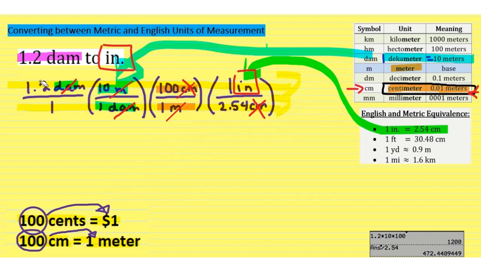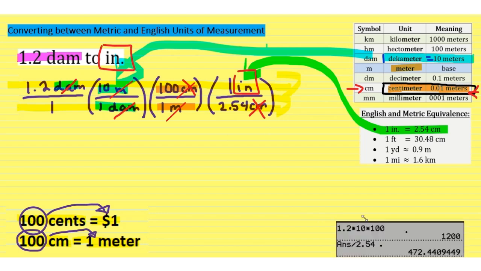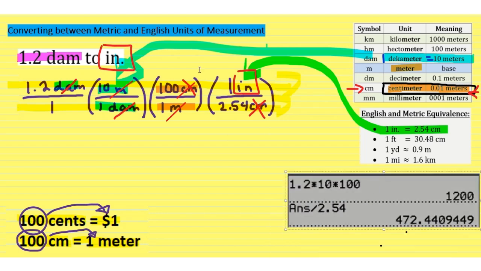So when we do that, we're going to do 1.2 times 10 times 100 and times 1 in the numerator and 1 times 1 times 1 times 2.54 in the denominator. And when I do that, pull up my handy dandy little calculator here, it's going to give me 1200 in the numerator, and that 1 times 1 times 1 times 2.54 in the denominator.